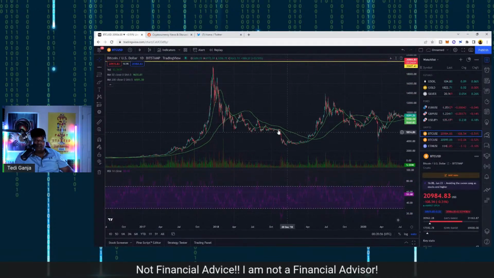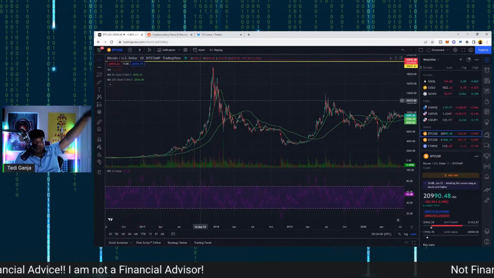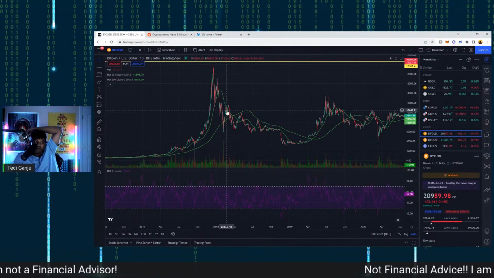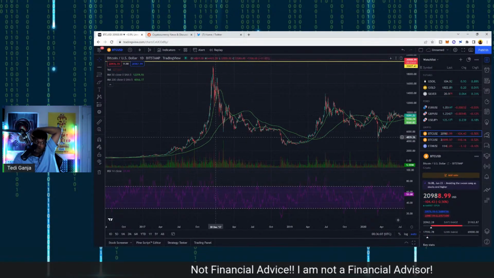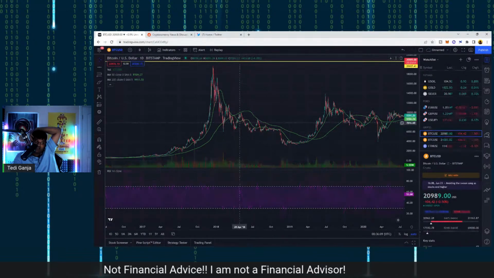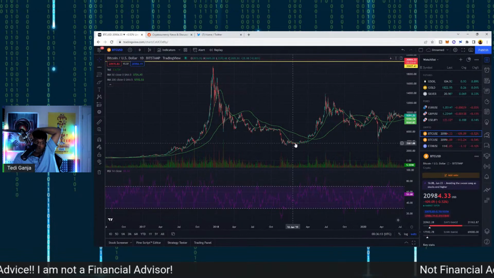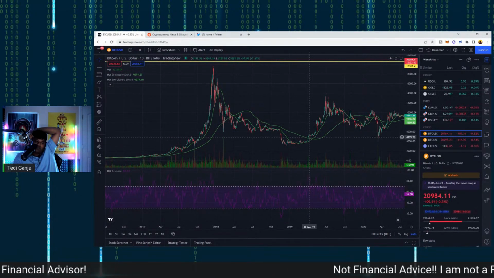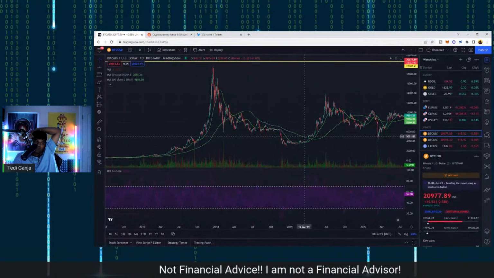So we've seen what a death cross is, right? Your MA50 moving average is coming down while your 200 is going up, which indicates that these two intersect and you're going to have a quick bearish trend. After that bearish trend, the next thing you're looking for is that MA200 to go up and then the MA50 to come down.